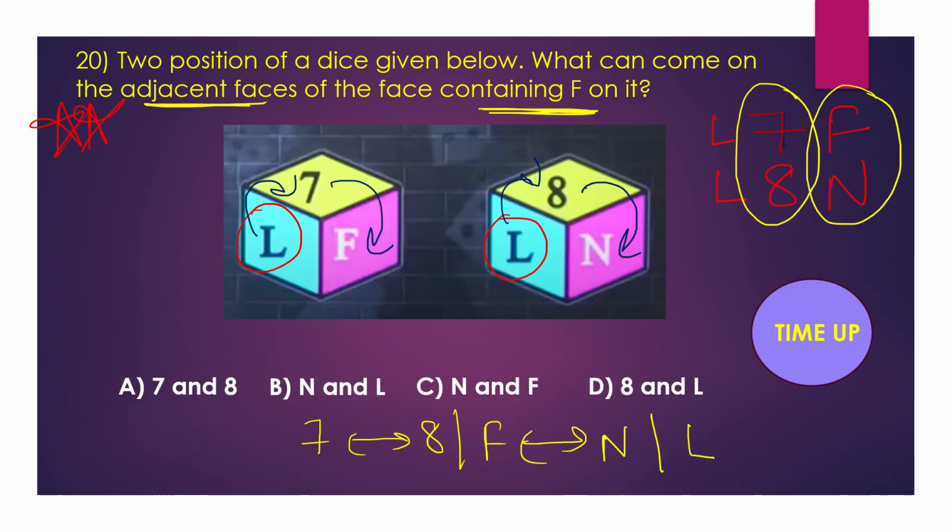Okay, then L. So from this what you got that 7 and 8 are the opposite pairs. And you know that opposite pairs can never be adjacent to each other. So 7 and 8 are there in the option, eliminate it.